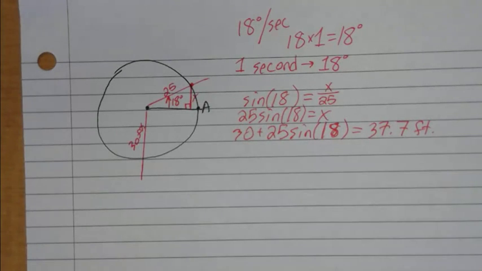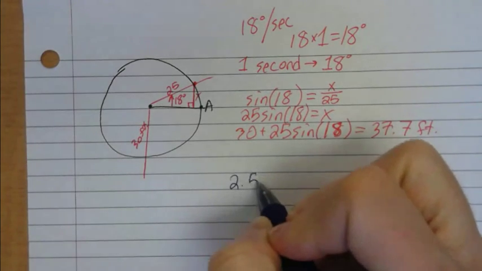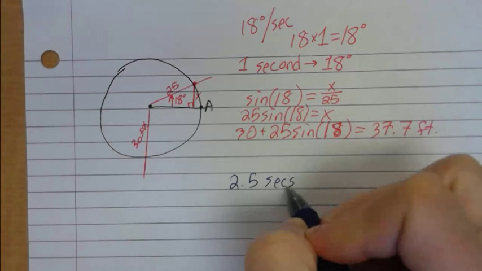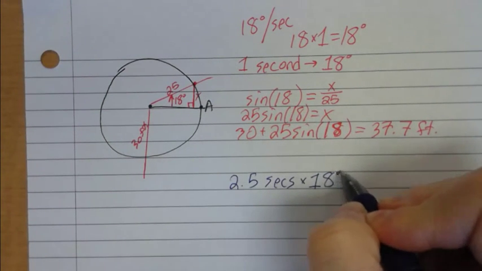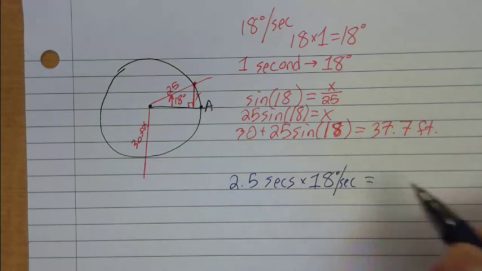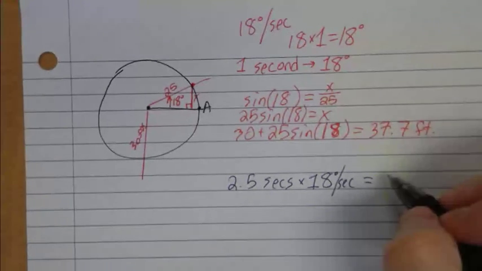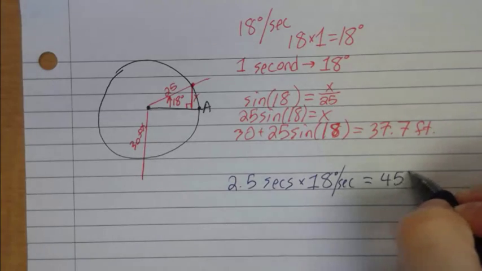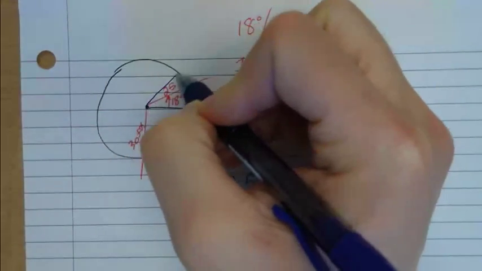We already did 2 seconds, so let's look at 2.5 seconds. If we have 2.5 seconds and we multiply that by 18 degrees per second, our rate, that gives us 45 degrees. That would be kind of in between here.